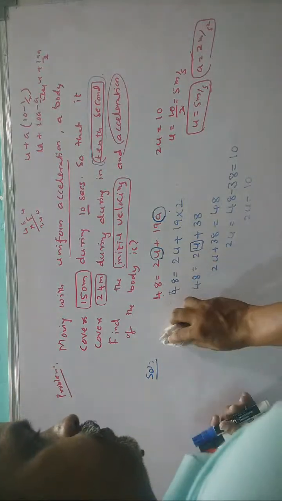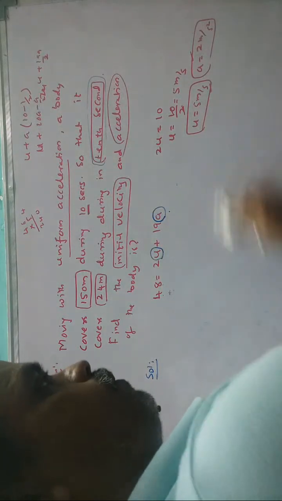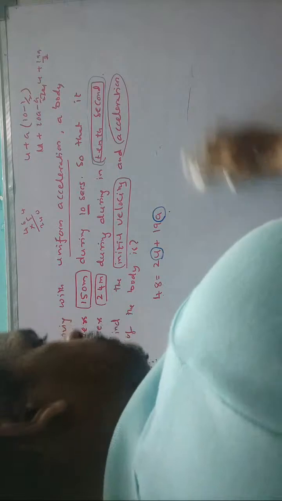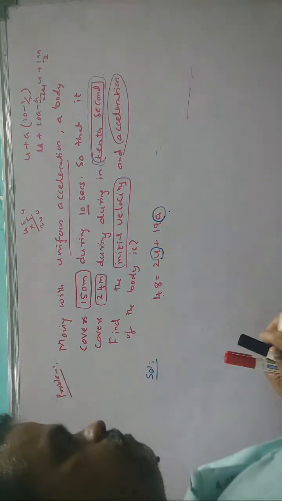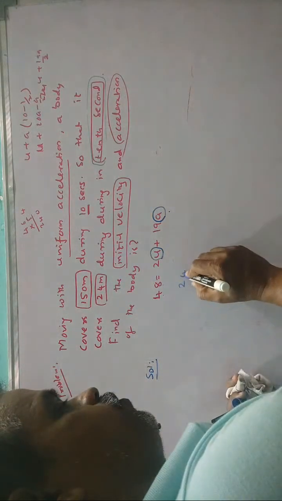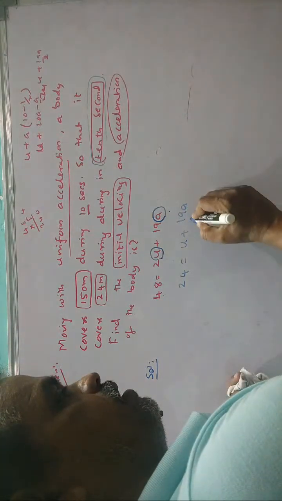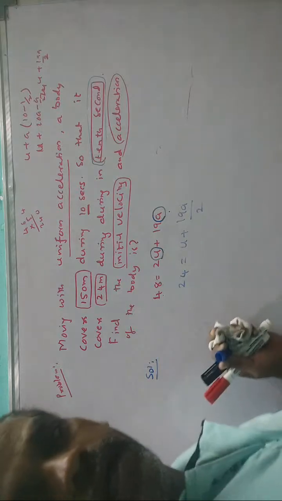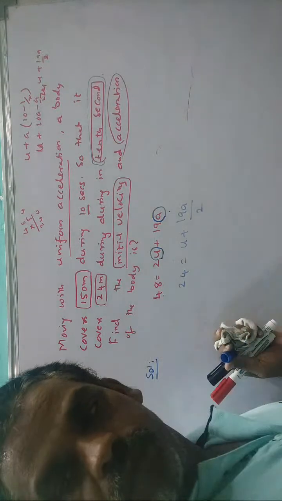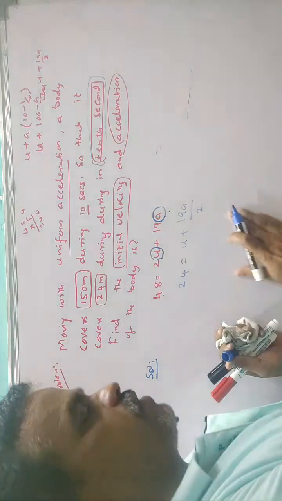See what happens here, 24 equal to u plus 19a by 2. Actually this is the equation.